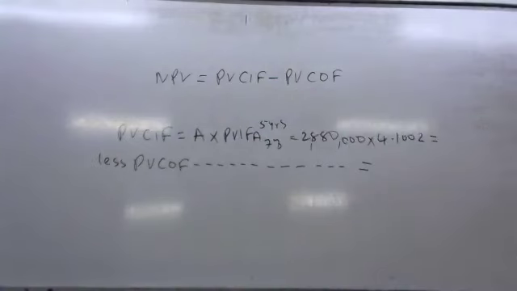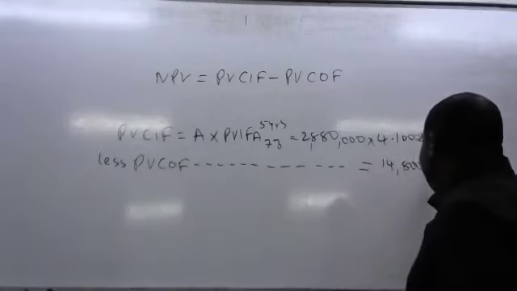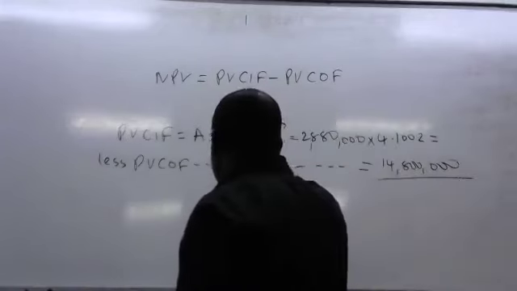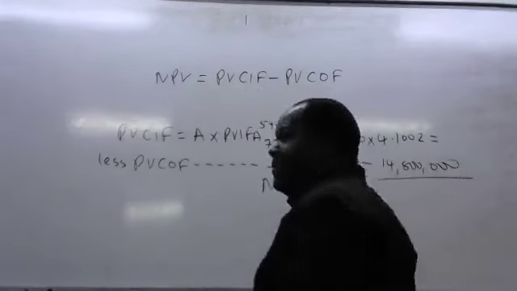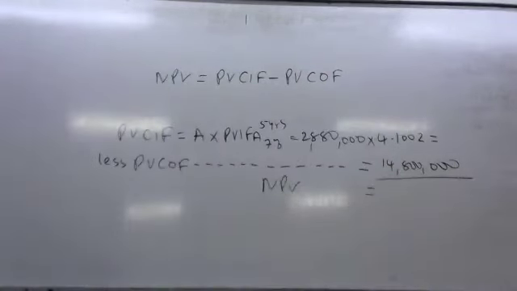You got how much in Roman letter 1? 14,800. So you subtract that figure to get the net present value, the NPV.